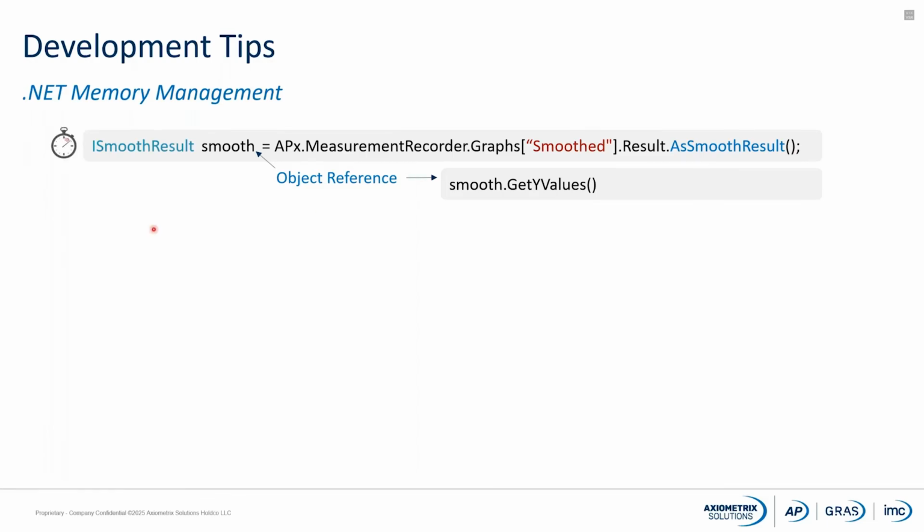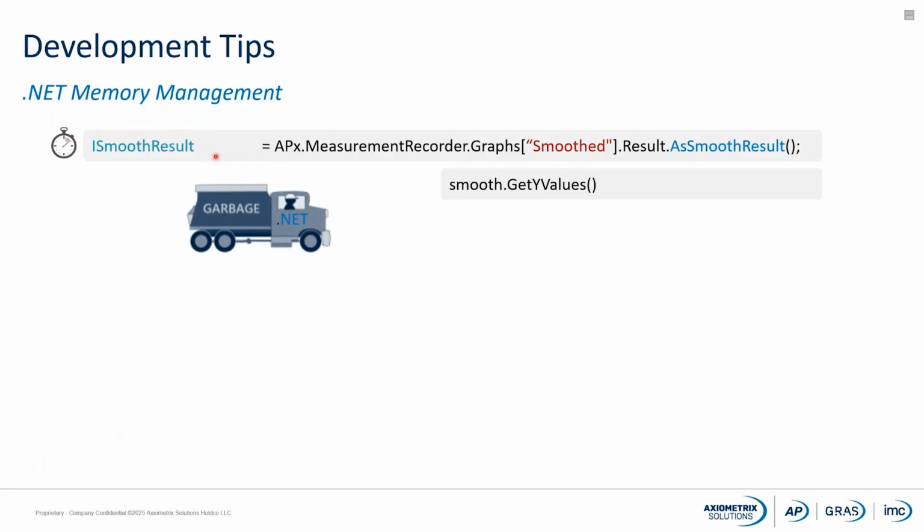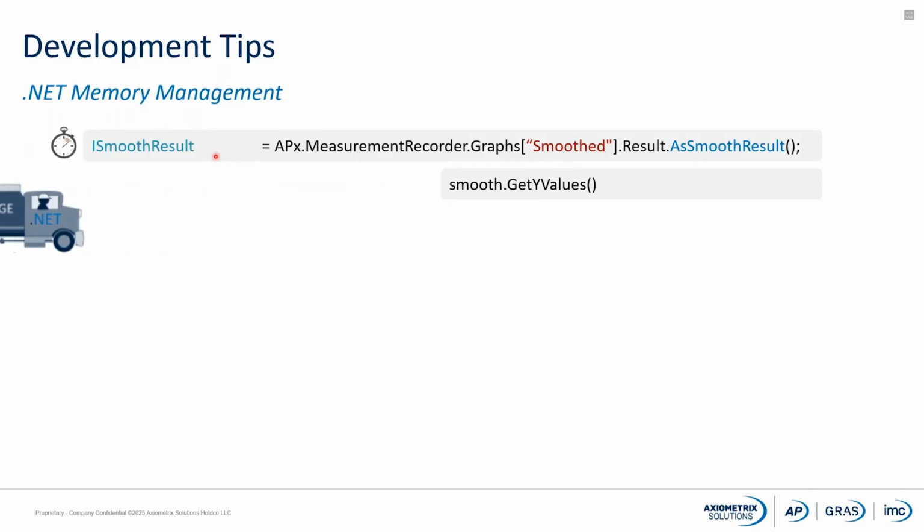However, if you wait too long without using this variable at all, this reference, then Windows will think that that object is not being used and that it's wasted memory. And it will come along automatically without your input and just delete that reference from memory. And that will cause this API to result in an error.